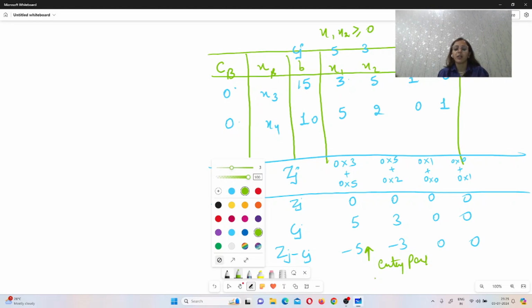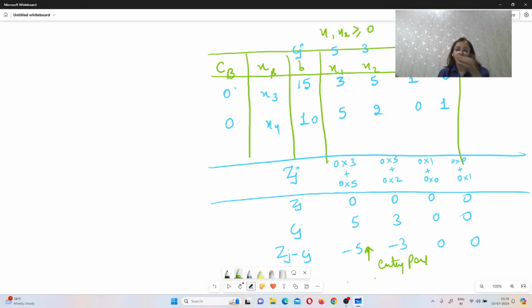Don't worry about that. If it is Cj minus Zj, then you have to find the most positive value, and here we have selected the least negative value, the highest negative value.